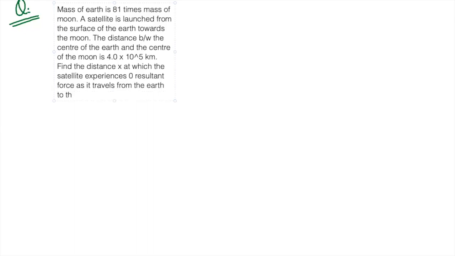There's also going to be a diagram, by the way. You have to find the distance x at which the satellite experiences zero resultant force as it travels to the Moon.